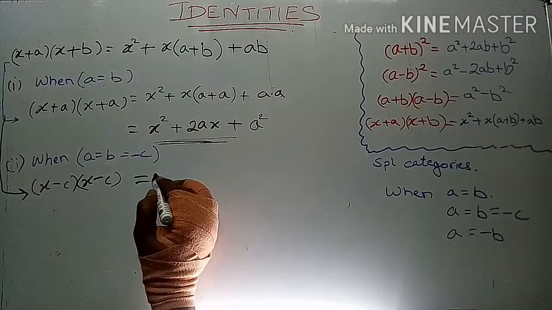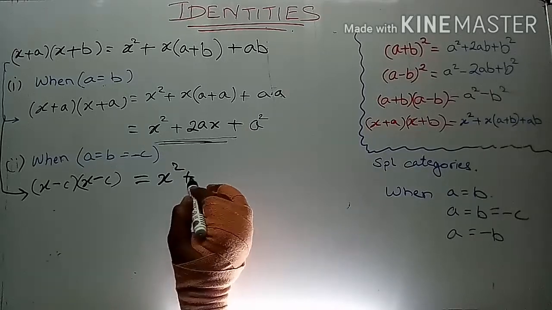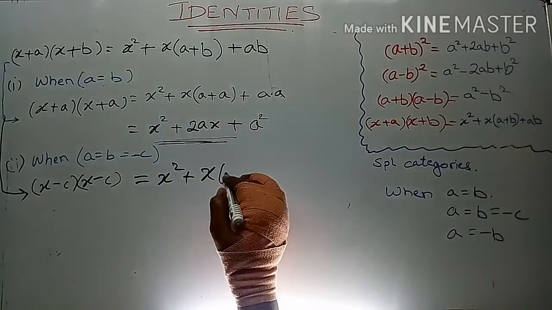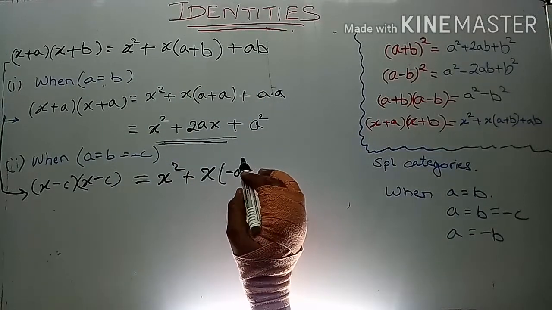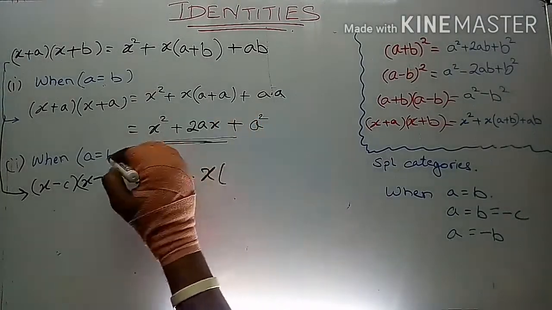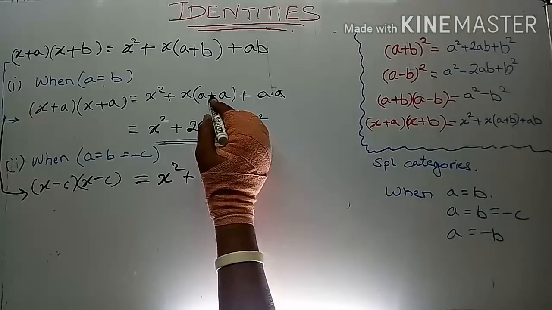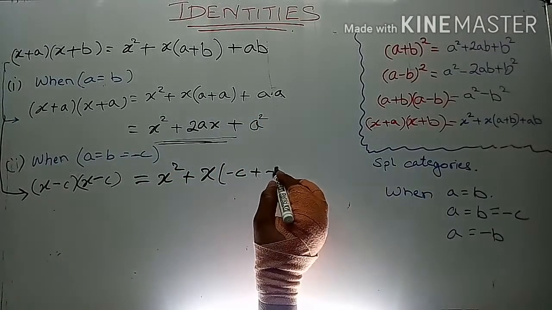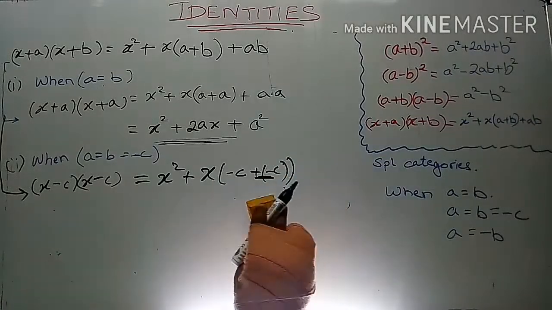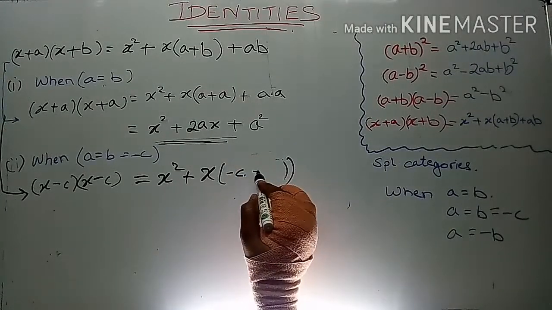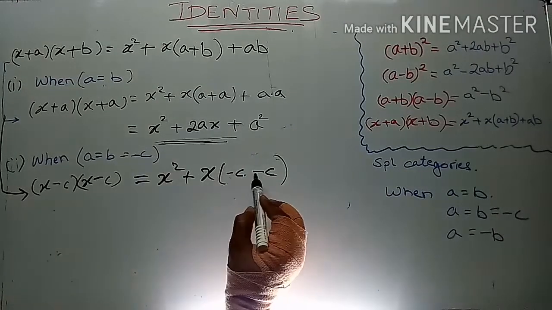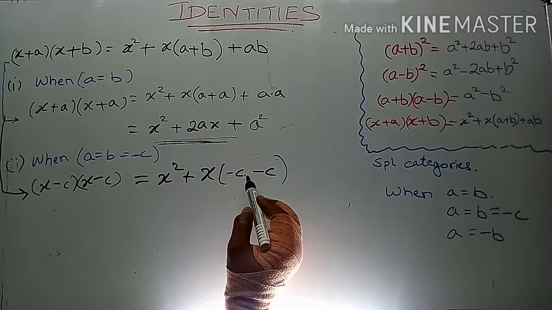This gives me x square plus x into, a is minus c, b is minus c, so minus c plus a is minus c, so minus c becomes minus 2c.